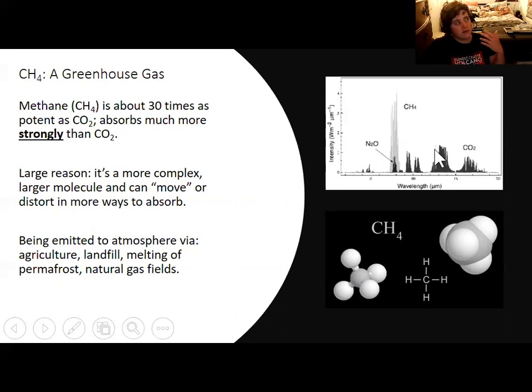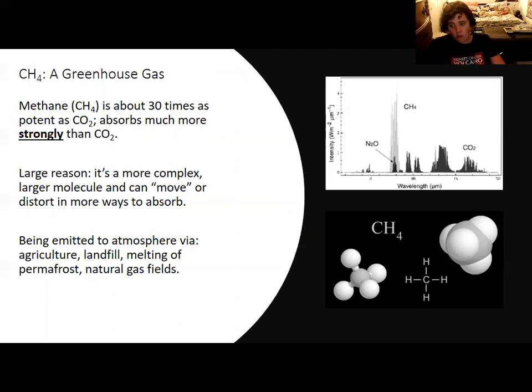It doesn't absorb that much radiation. CH4 can absorb a lot, in part because it's a more complex molecule than CO2, and it can transform and bend in multiple ways. So a single methane molecule can trap a lot of energy and release it back to Earth as radiation.